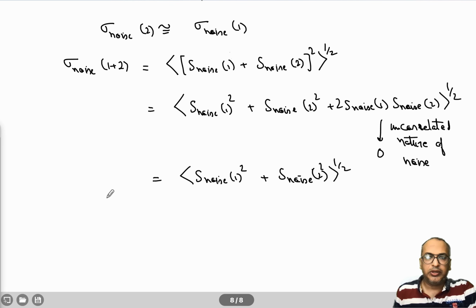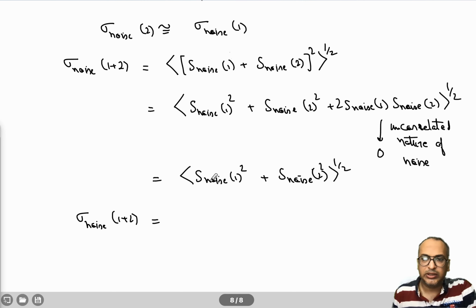Okay, so now sigma noise 1 plus 2 is nothing but sigma noise 1 and sigma noise 2.